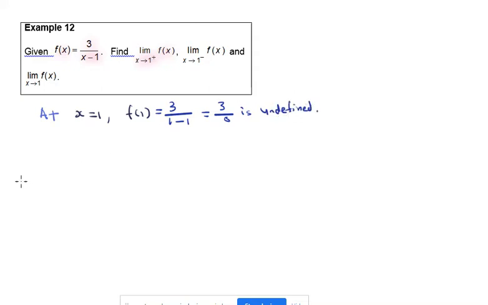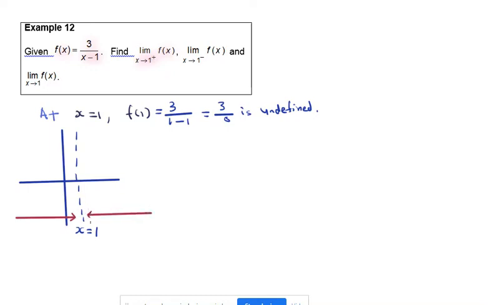But somehow we can still study this function at x equals 1, from the left hand side and right hand side. x equals 1 is called a vertical asymptote.